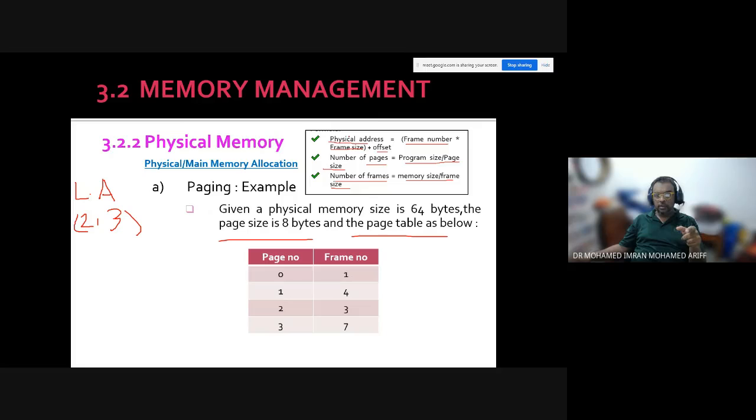So look back at the formula kata physical address sama dengan frame number multiply by frame size. Okay, what is the frame number? Frame number telah diberi di sini. Kalau you masih ingat tadi, this nombor 2 ini ialah page number and nombor 3 ini ialah offset value.